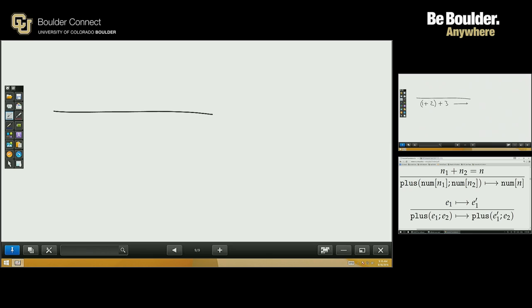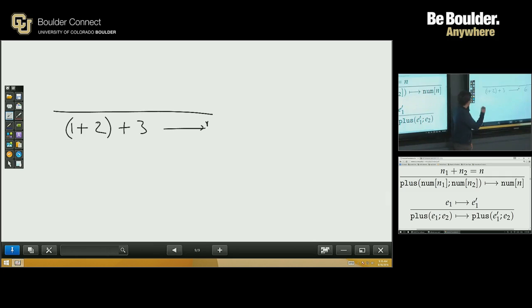I'm trying to say it steps to, well, eventually I want it to step to 6, right? And if the programming language is good, then I should be able to derive this somehow. So if I just try to apply this rule, and I'm not writing the num parts in the brackets because I think that's kind of noisy, it doesn't apply, right?